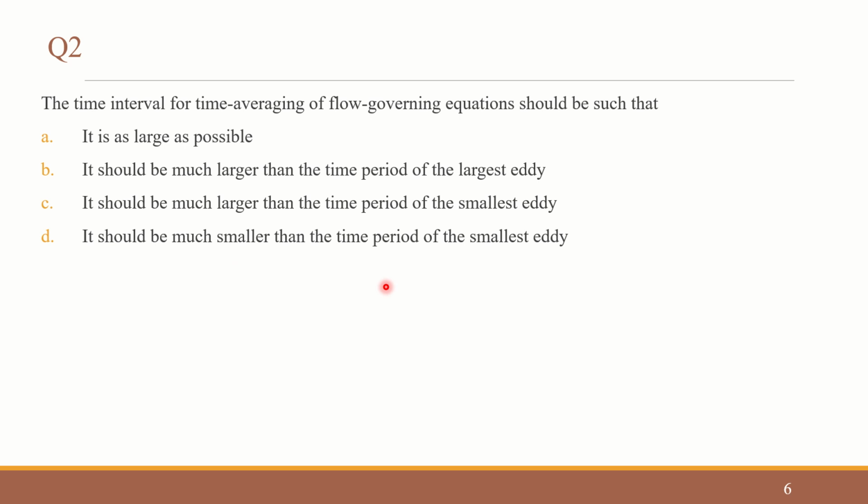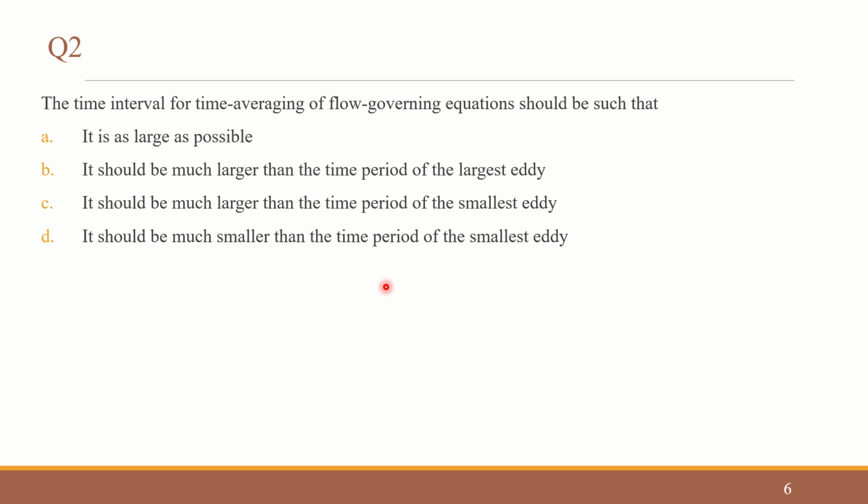So what are we doing? We are just time averaging things. And what is our main focus? We should focus that the time averaging is covering that event completely. So what should be the time interval? Should it be larger than the time period of the largest eddy?